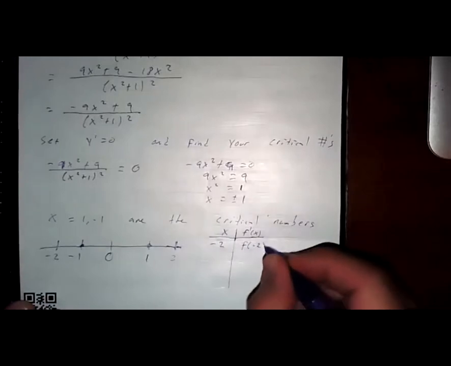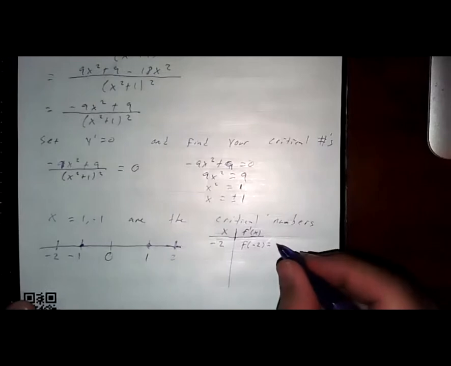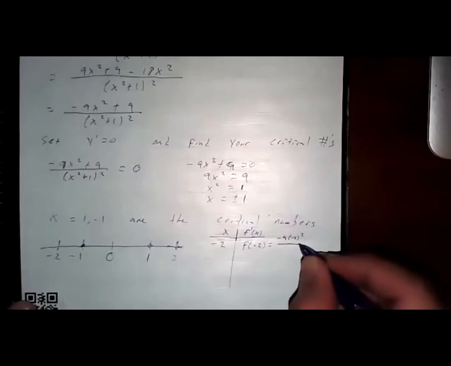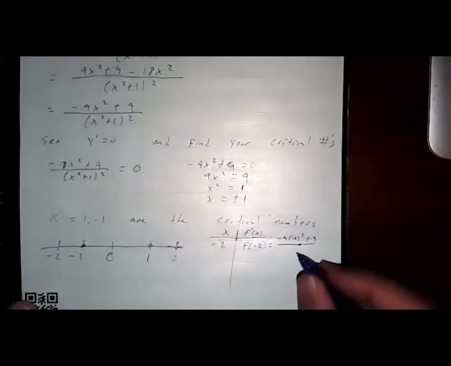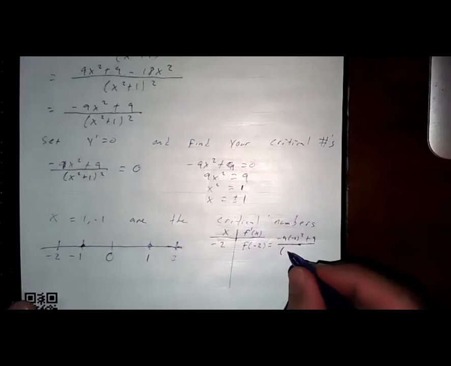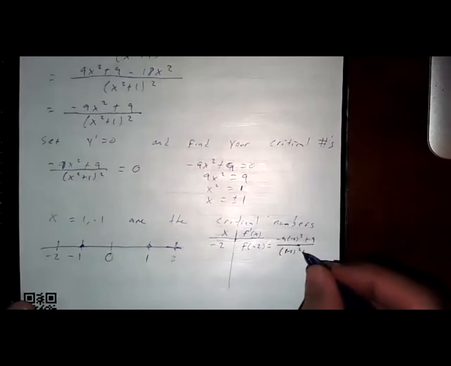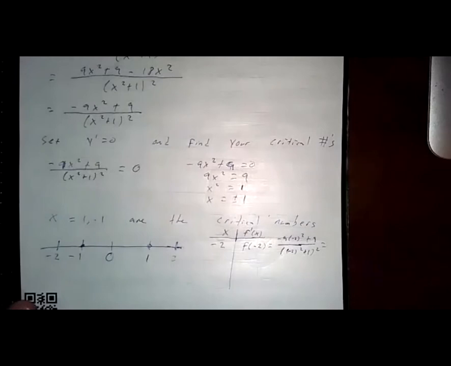All right, so y prime of -2 would be equal to -9 times -2 squared plus 9 over -2 squared plus 1 squared. So what's that going to give us when you plug in -2? All right, so it's going to be minus right here, right? If you plug in 0, this will become a positive, so this will be plus.